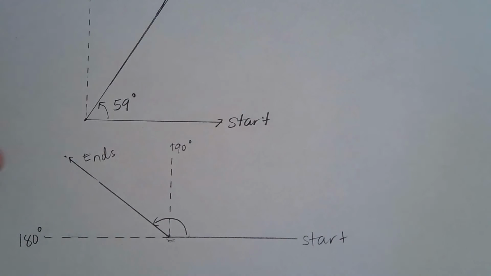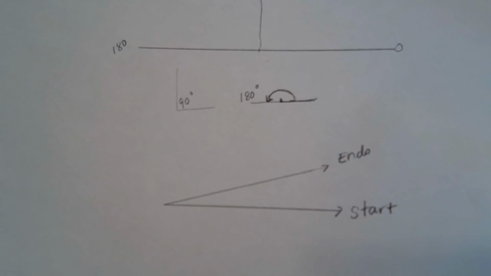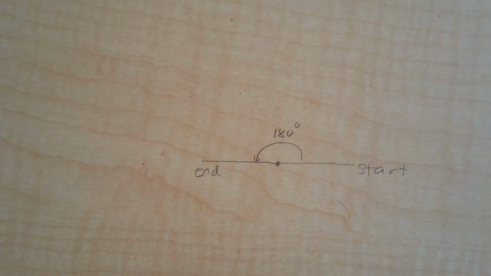Okay, so I'm going to pause this video. I'm going to have another activity, but our activity is going to be on the board. So let's pause this one for now.